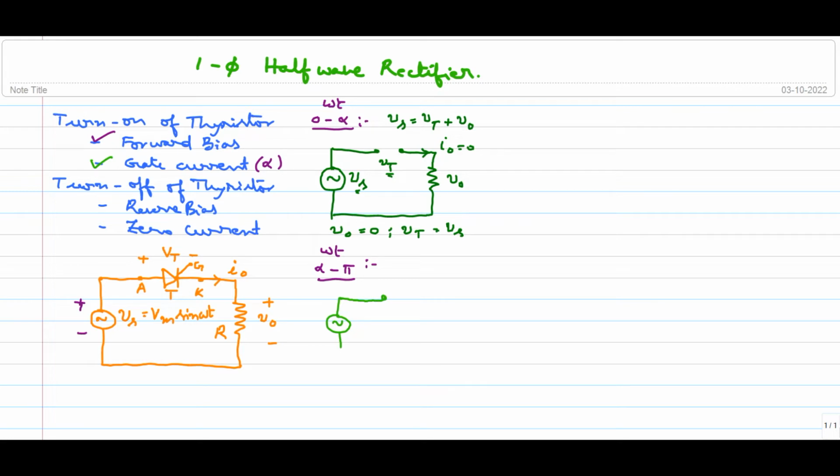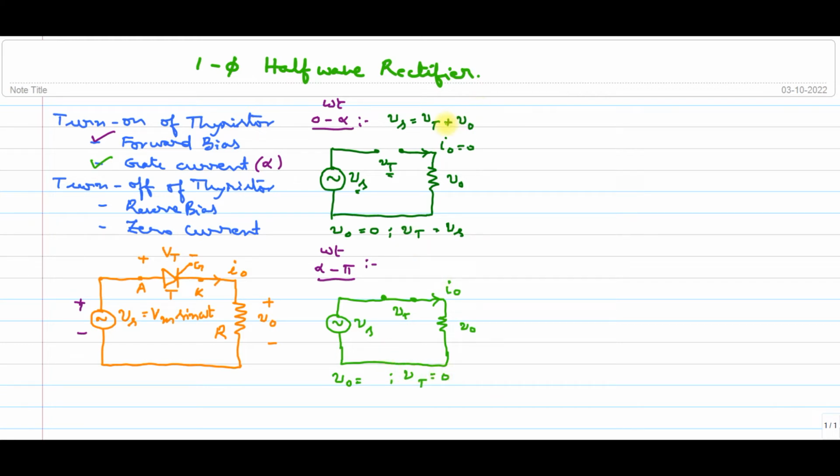As thyristor is turned on, there is a short circuit at the thyristor like this. This is Vt, this is Vs, and this is V0, and there is a current I0 flowing through this. As this is short circuited, V0 is equal to I0 times the load, and Vt is equal to 0.